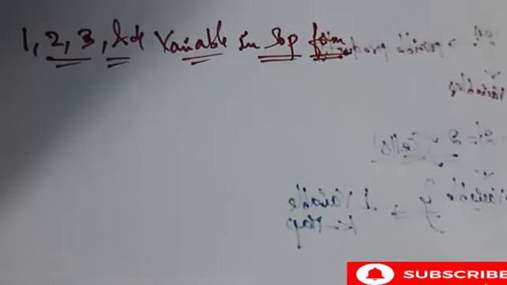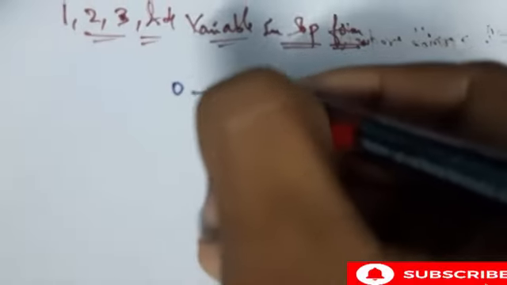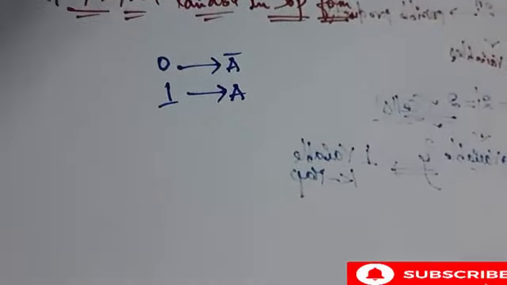Here we just represent 0 for A bar, and 1 is represented as A. If you memorize 0 for A bar, 1 for A, this will be enough to solve the SOP form K-map.